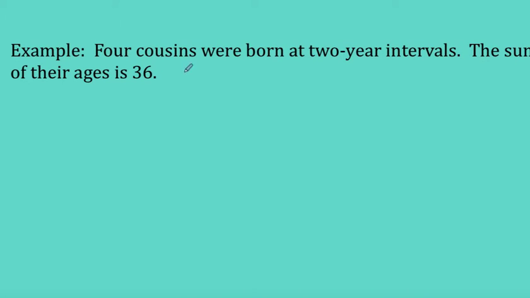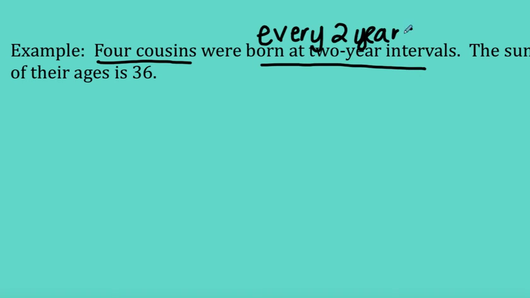What do we got next? 4 cousins were born at 2-year intervals. The sum of their ages is 36. Now this is a little bit trickier. 4 people were born at 2-year intervals. That means every 2 years. So I'm going to let n equal the first cousin's year of birth.